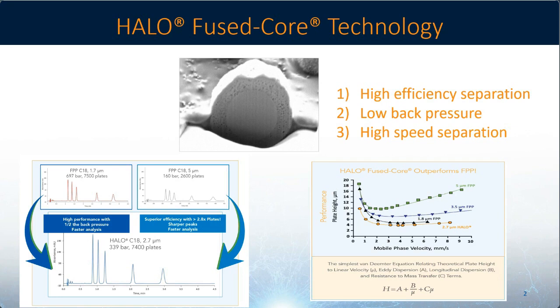So we only have 2,600 plates here for the 5 micron particle column, where we have 7,400 plates for the SPP particle for the Halo. And we can definitely tell that we have a much higher efficiency separation because we have essentially 3 times the plates that we have in the FPP column. And we also have faster analysis as well. So those are some of the benefits that can translate directly to your separation.